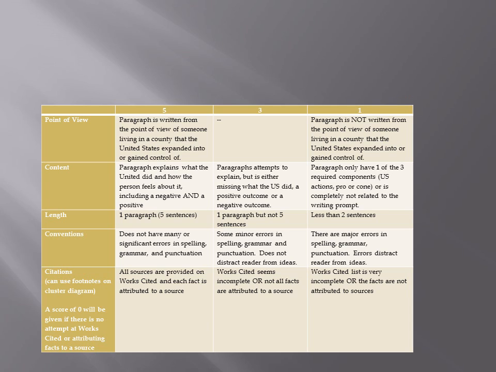If you've done works cited or parenthetical citations, but not both, that's a 3. And if it's incomplete or the facts are not attributed, if it's really incomplete, but you made some attempt, that would be a 1. If there's no works cited or parenthetical citations at all, you will receive a score of 0 in this category.